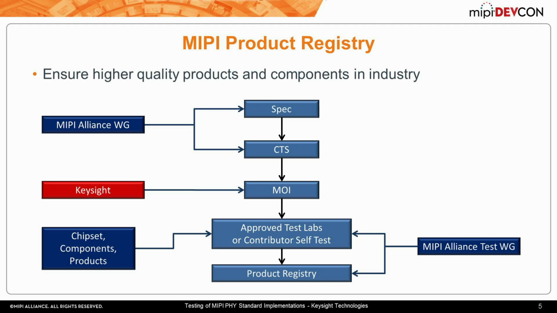And then the question is, how do we test that in a fashion that is going to be possible throughout an industry of different chip manufacturers, different test equipment manufacturers?